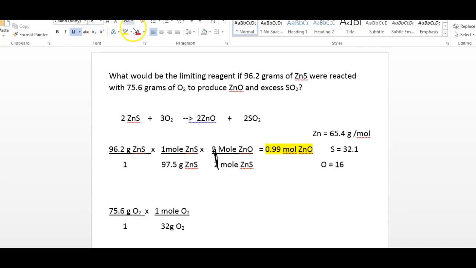Then we use the mole conversion, so we have moles of oxygen on the bottom, 3 moles, and for the other one, 2 moles of zinc oxide.